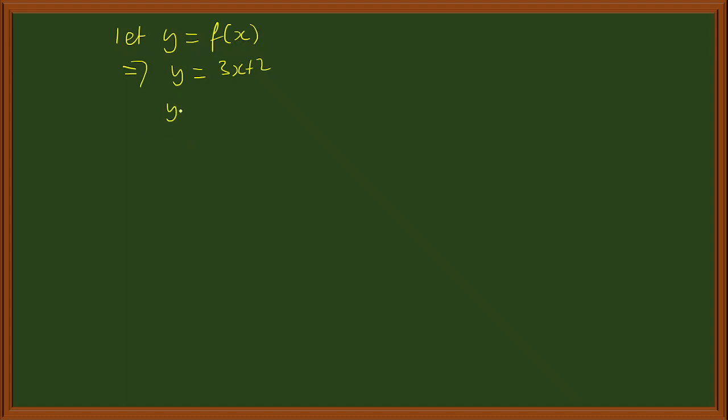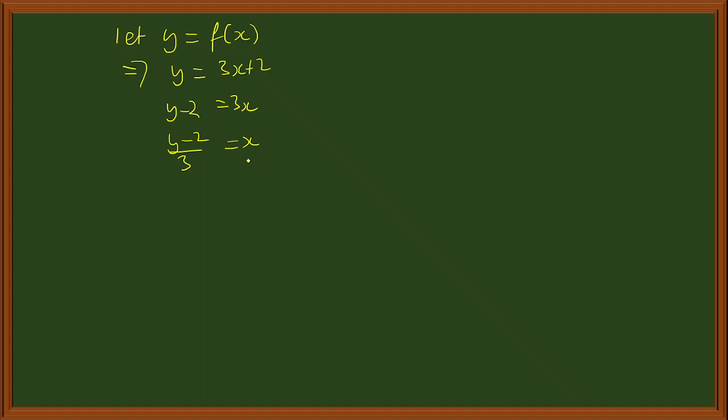So y minus 2 is equal to 3x, and dividing both sides by 3, we have y minus 2 over 3 being equal to x. And then you can change this y to become an x and this x to become a y.